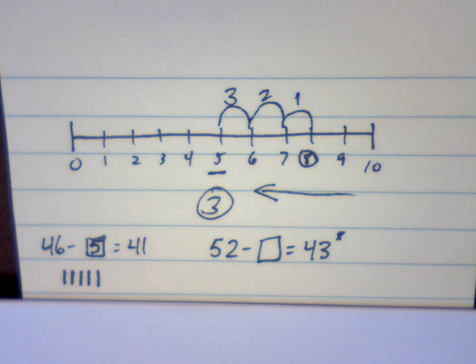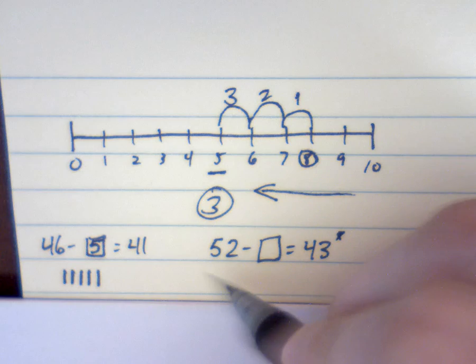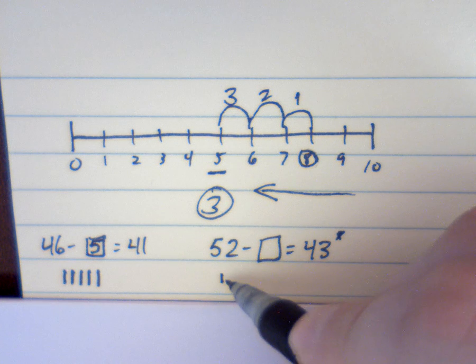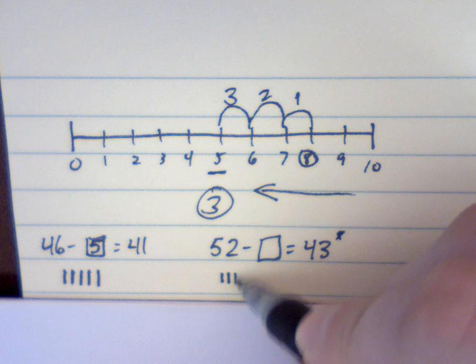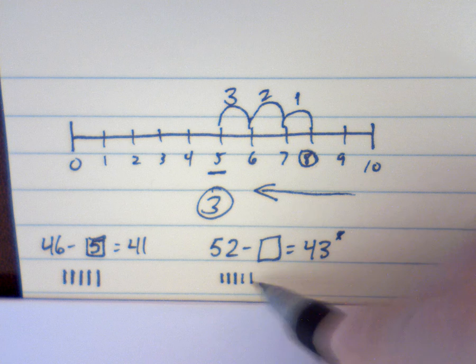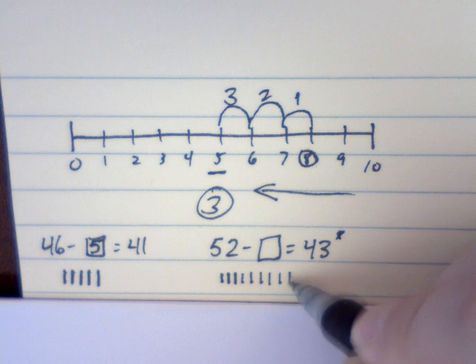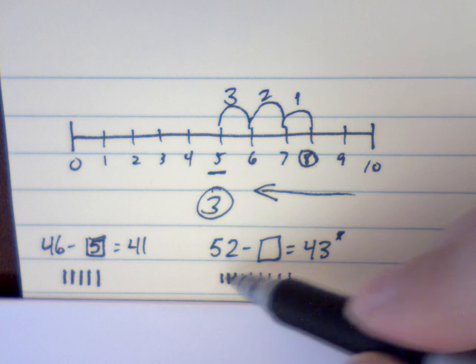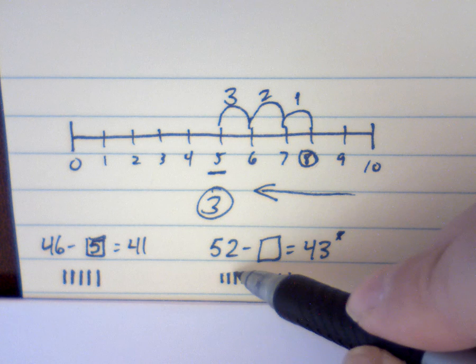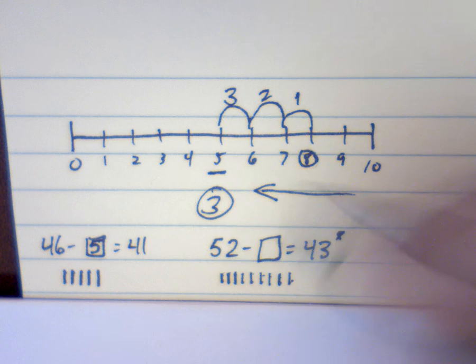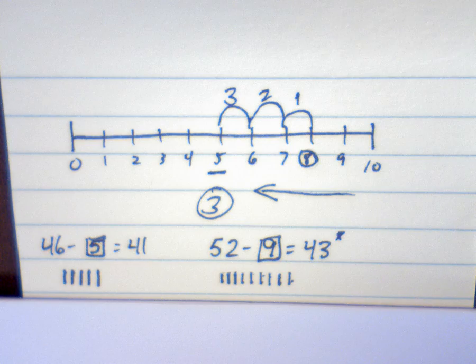If we do our lines, we start with 52, then 51, 50, 49, 48, 47, 46, 45, 44, 43. How many lines altogether? 1, 2, 3, 4, 5, 6, 7, 8, 9. 52 minus 9 equals 43.